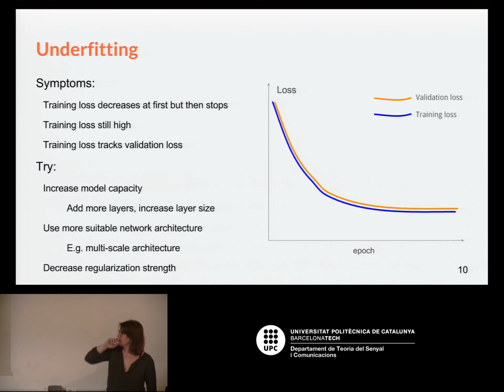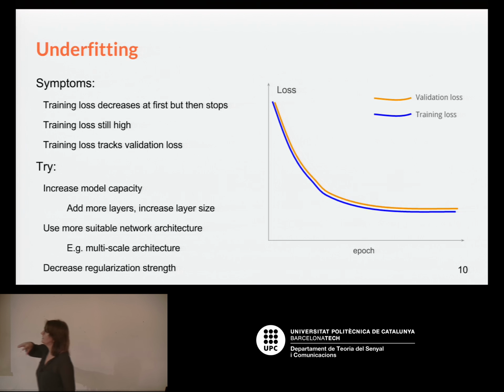Well, before that, underfitting is like the opposite problem. You have a lot of data but maybe only few parameters. What happens there is that your validation loss goes parallel to your training loss, but it saturates to one value where the loss is still very high.